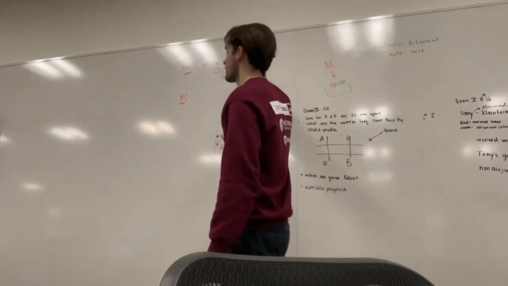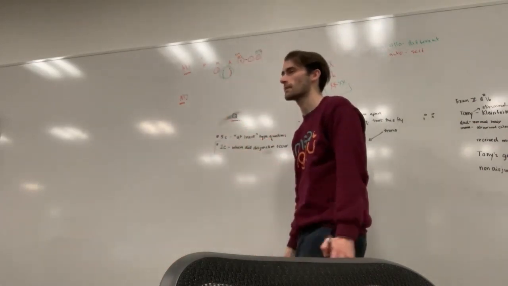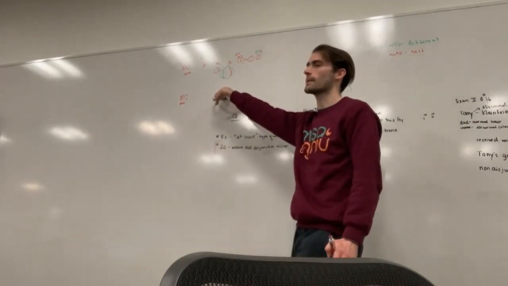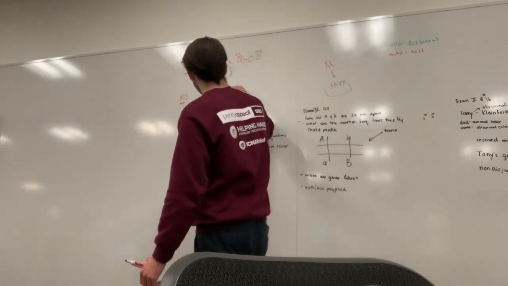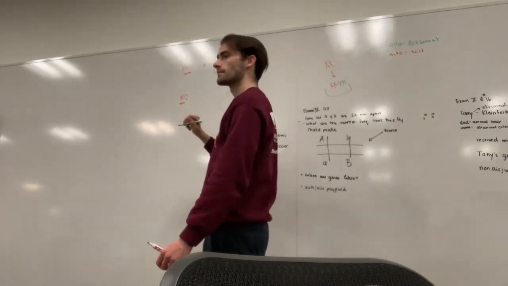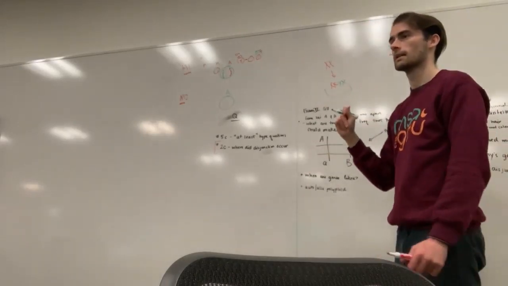So meiosis one was to reduce our genetic information by separating homologous chromosomes from each other. How do we reduce genetic information? It's haploids, right? What is the difference between a haploid and a diploid?